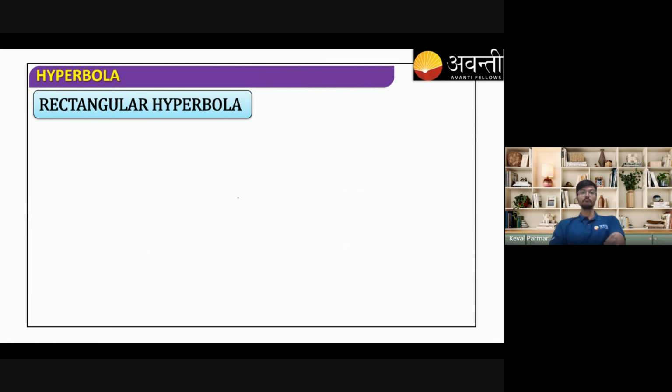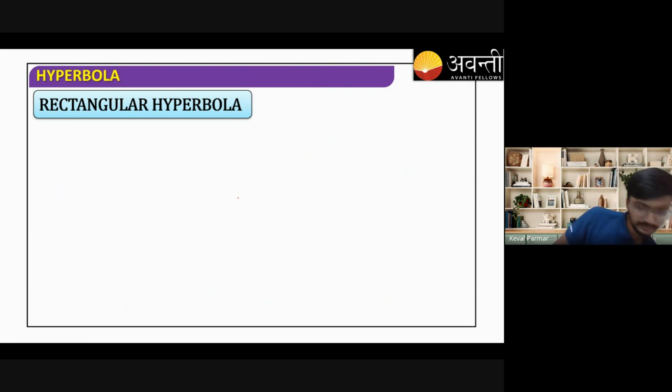So, rectangular hyperbola is nothing but the hyperbola when the asymptotes are the coordinate axes, that means the x-axis and y-axis.